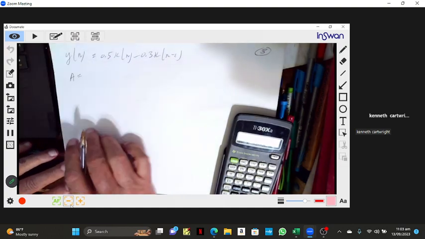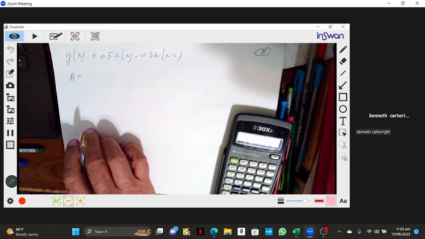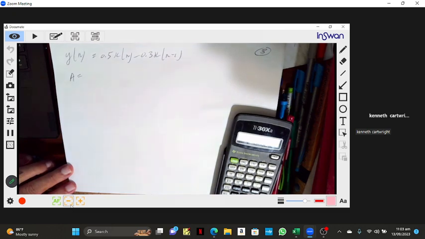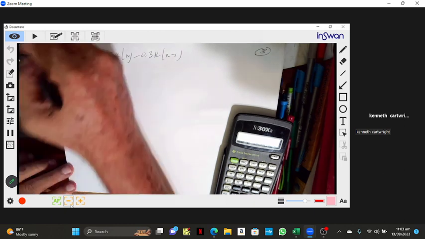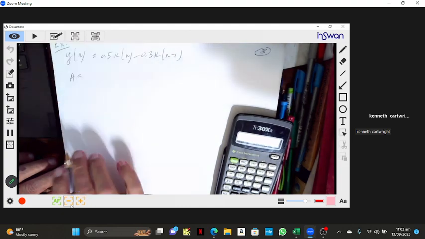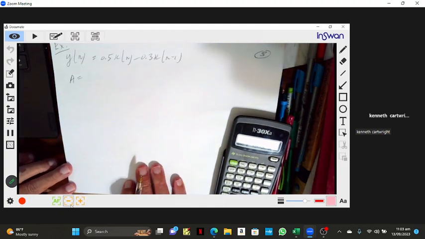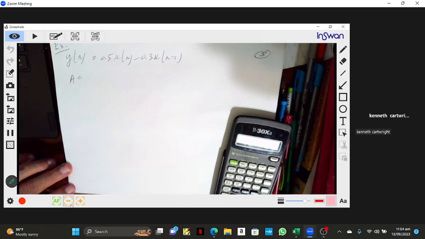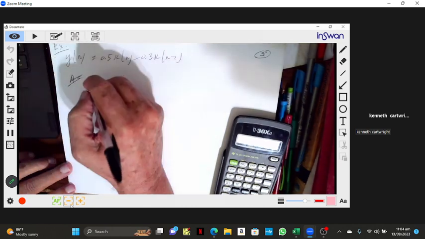What's the A vector look like? Let me ask the question another way.